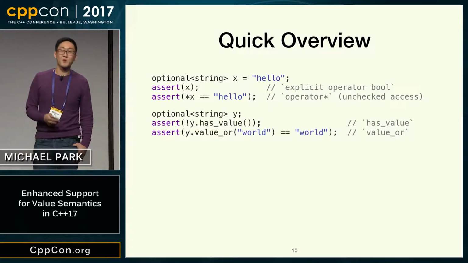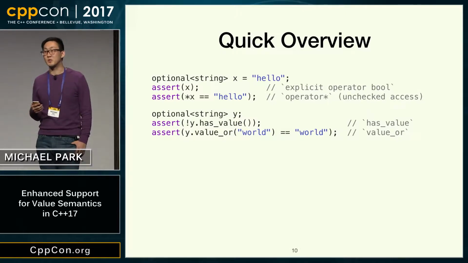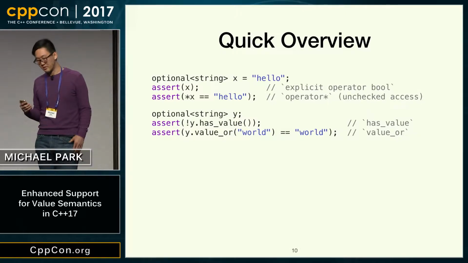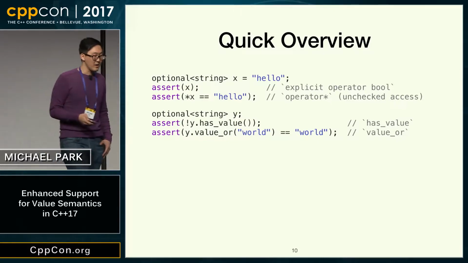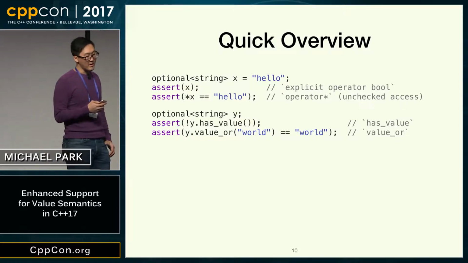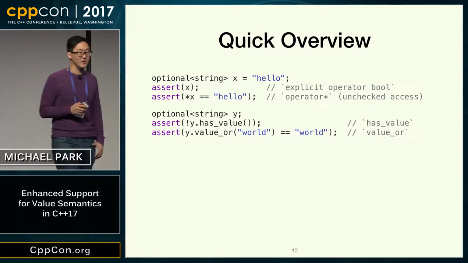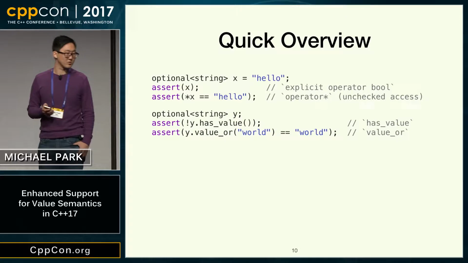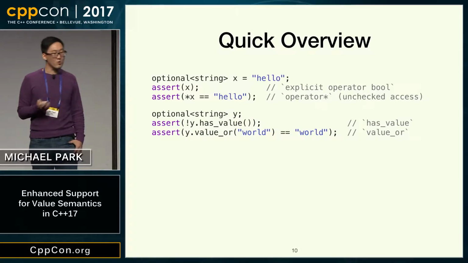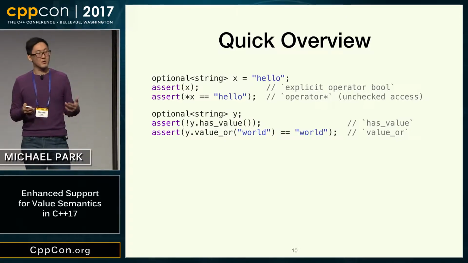Here's a second set of APIs. The default constructor for optional will default construct into the disengaged state, where disengaged means the optional does not hold a value, and we can use the has_value function, which performs exactly the same operation as the implicit conversion to bool, and the value_or function is used to provide a default value.